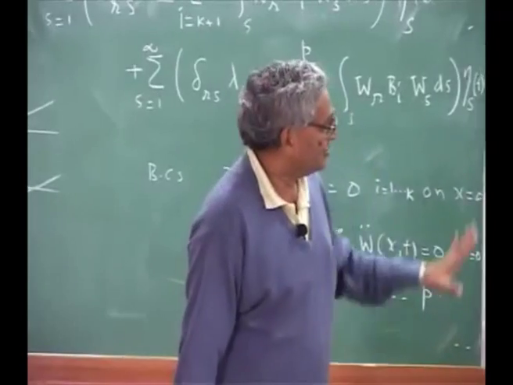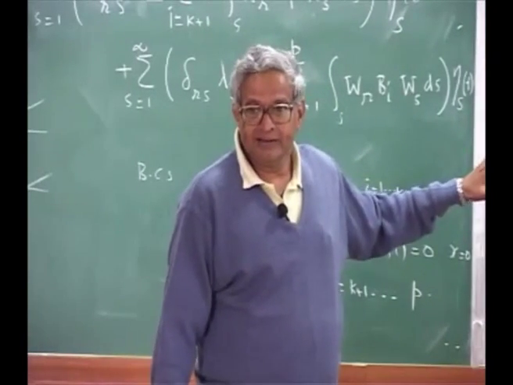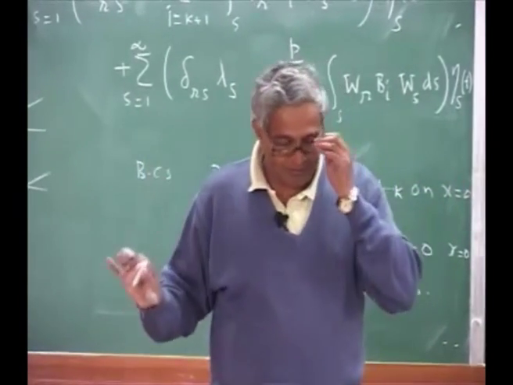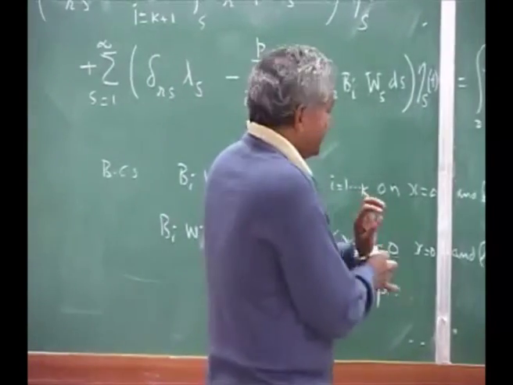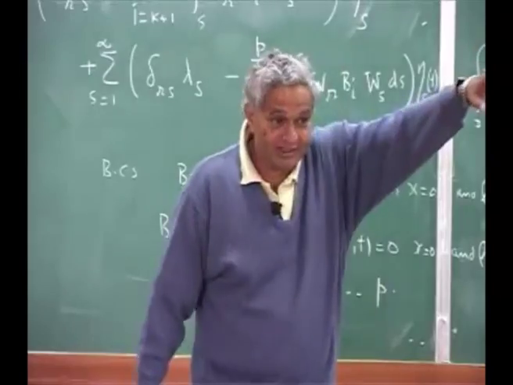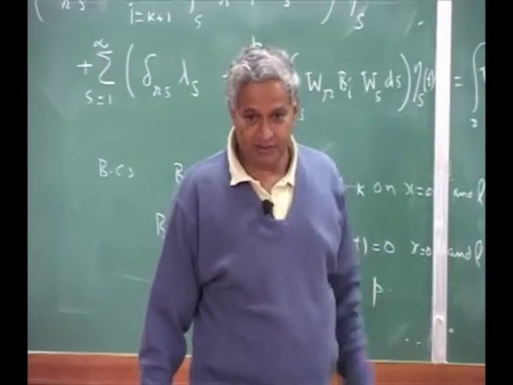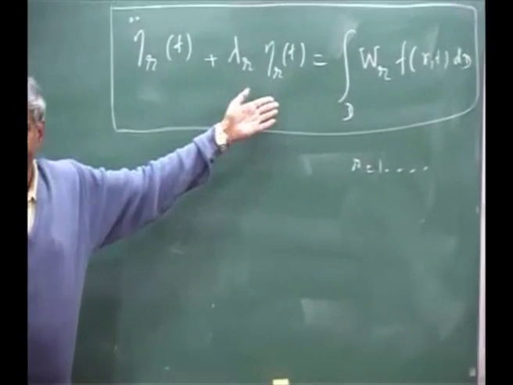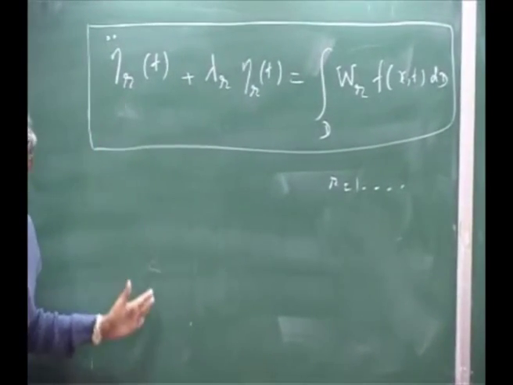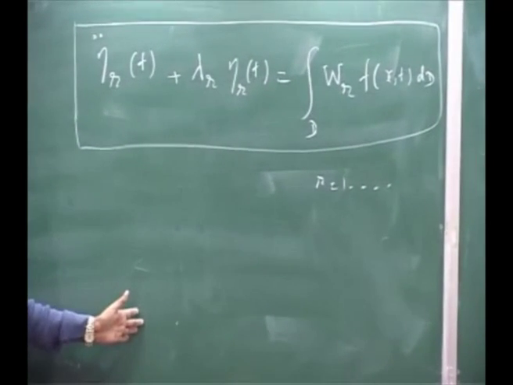Okay. Now you got the general form. How do you get the equation of motion, and then how do you really go to the response solution? Solving this is a simple second order differential equation. Each one is independent. Please understand.